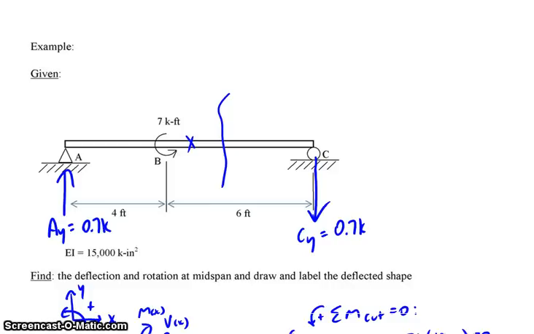If we think about any other possible boundary conditions that are valid between 4 and 10 feet, there really aren't any. We don't know anything about slope. We know that at a roller support it will allow some kind of rotation, so we can't say that it's 0. It's not a symmetric loading case, so we don't know that slope is 0 at midspan.